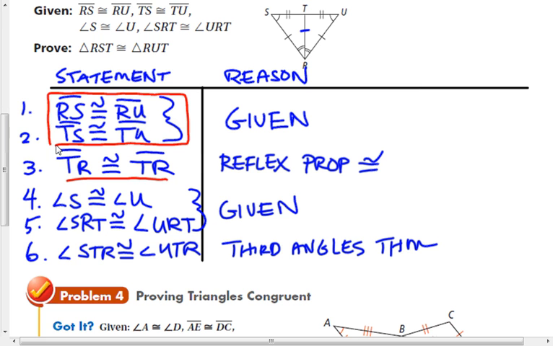And then we were given 2 sets of angles were congruent. And so we just had one left to prove, and by the theorem we just learned, the third angle theorem, if 2 angles out of the 3 are congruent on 2 triangles, then the third one will also be true.